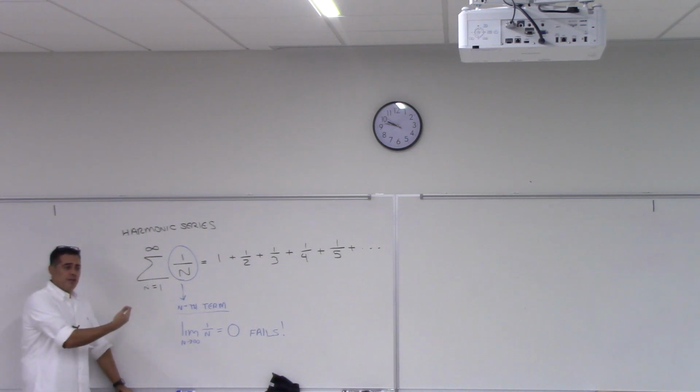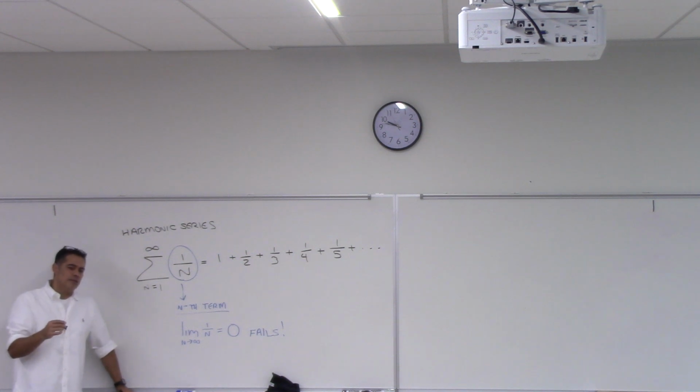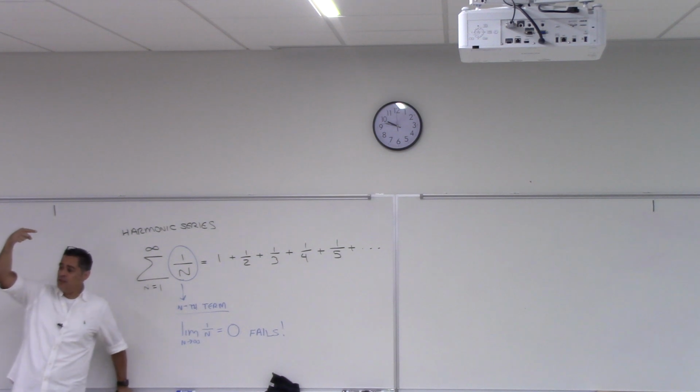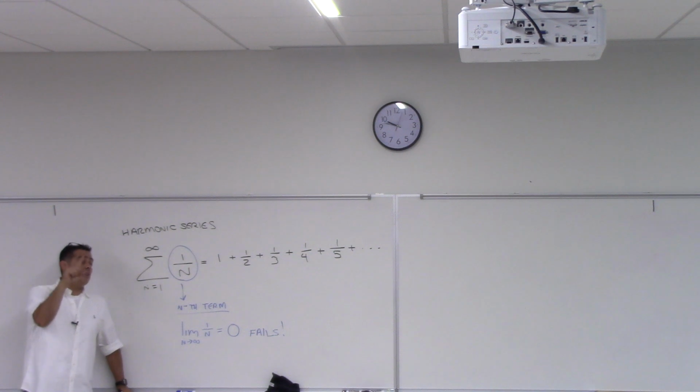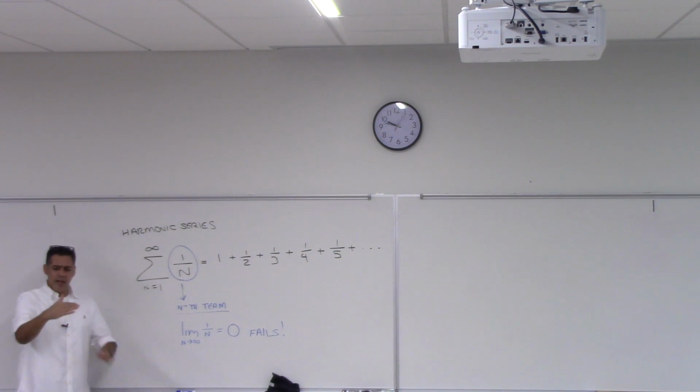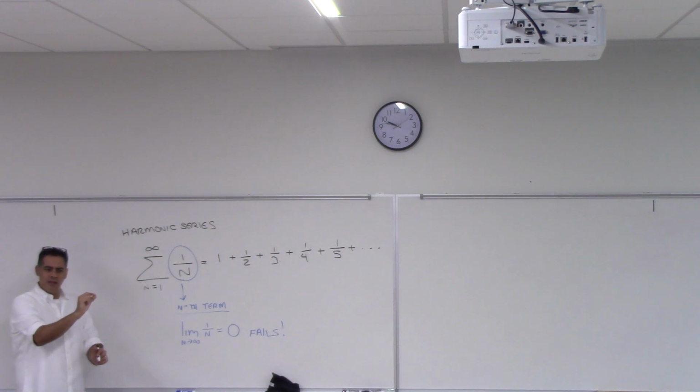Is this a geometric series? Why not? What tells you this is not geometric? There's no n in the exponent, right? For a geometric series, you have to have a times r to the n. The n has to be in the exponent. And I think on your sheet that has the series tests, it even tells you that. On the side, there are little comments.